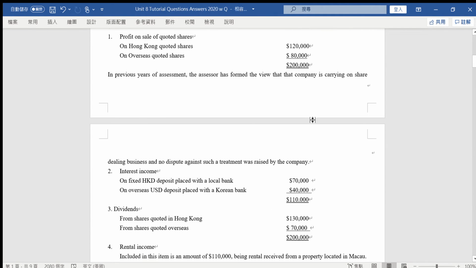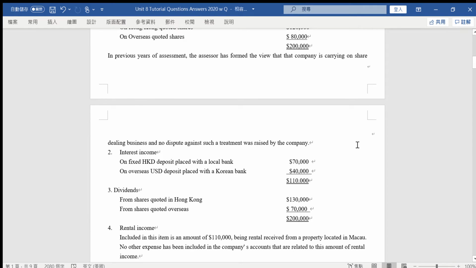The second item is the interest income. Among these two items, the whole amount should be adjusted, excluded. For the first one, it is because of the interest exemption order: the interest is from a Hong Kong deposit, so it should be exempt.